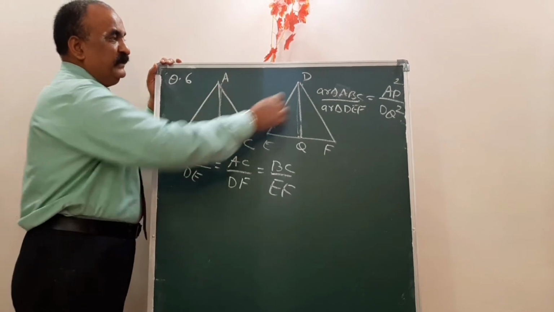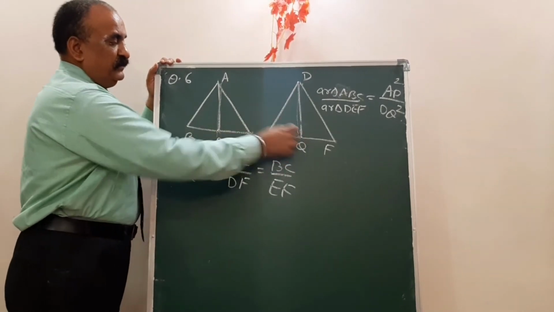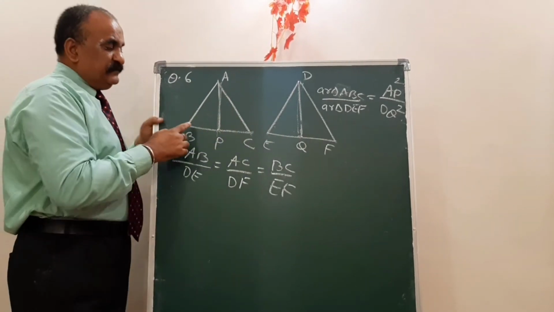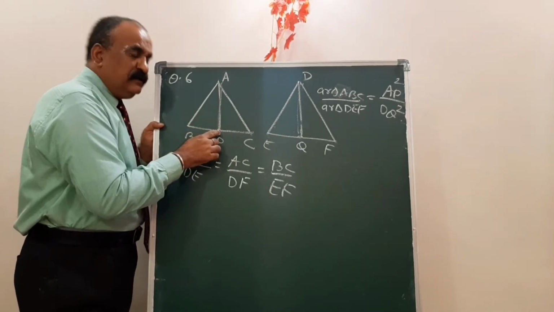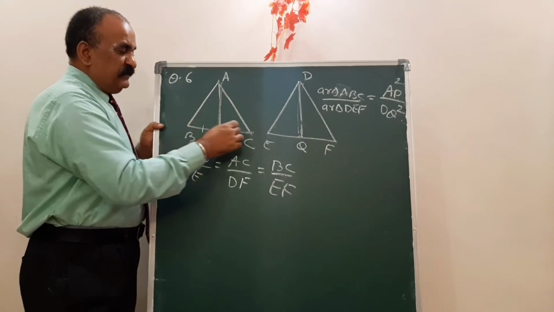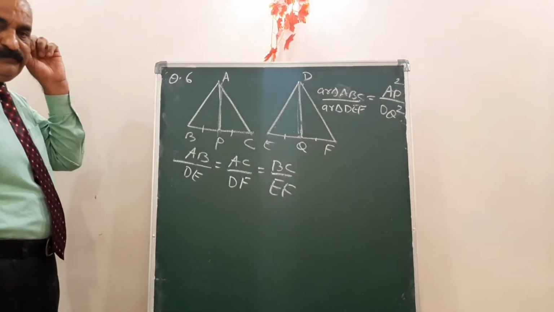And AP is the median, DQ is the median. Again I want to explain the definition of the median: a line segment which joins the midpoint of one side of a triangle to its opposite vertex. It means this and this will be equal.